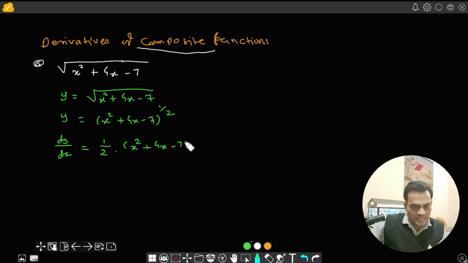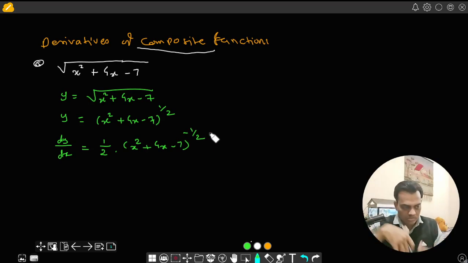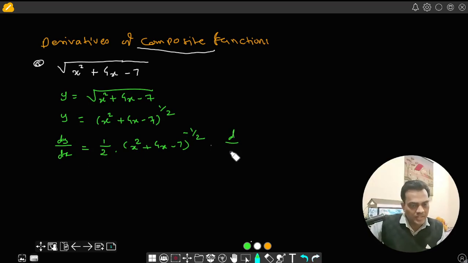So the entire expression's power is reduced by 1, means 1 by 2 minus 1, it is minus 1 by 2. So if it is minus 1 by 2, it may go to the denominator. Okay, so power reduced by 1, into the derivative of this quadratic equation, x square plus 4x minus 7.